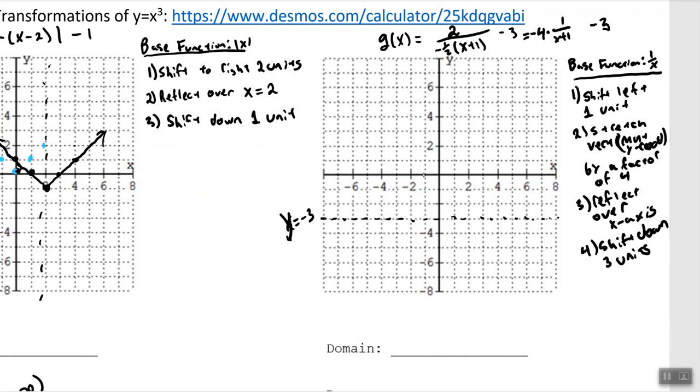Reflecting it over the x-axis just reflects it back on itself. And then shifting it down, again, just shifts it onto itself. So we know our new vertical asymptote is going to be here at x equal to -1. And this already gives us a really good idea on roughly where our picture is going to lie.